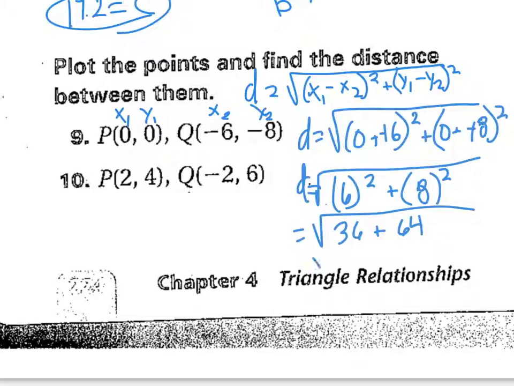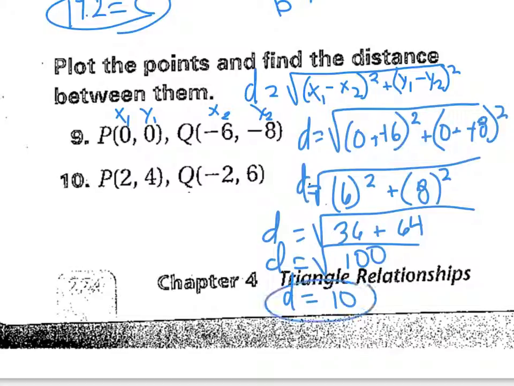Now what you want to do is add those two together, and that's going to give you 100. And the square root of 100 is 10. So that's your answer for number 10. Okay, that's how you use the distance formula. Or that's for 9, I'm sorry. It's the same way for number 10 though. Okay? Just plug them into that formula.